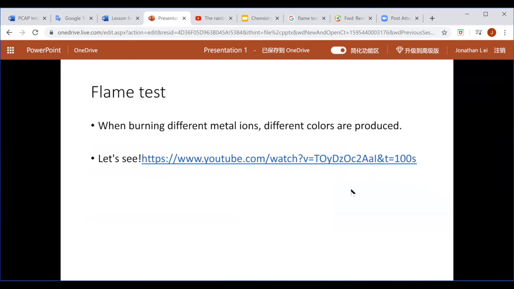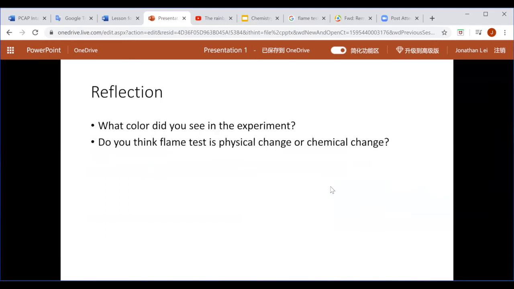Okay, that's good enough. So what colors did you see in the experiment? For example, I see green and red. Do you see any other colors?